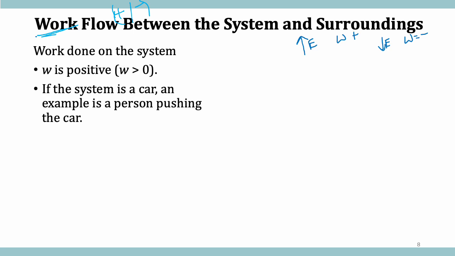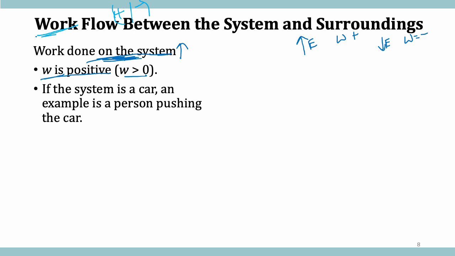So let's look at the first scenario, when work is done on the system. Somebody else is doing the work on the system, so the system is being worked on. That simply means that the work is positive. Why? Because when work is done on the system, the energy of the system will increase. The sign would be positive, greater than 0.